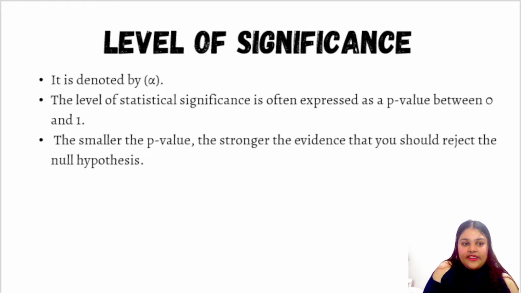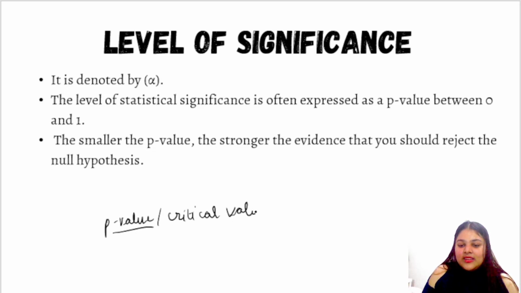Significance: yesterday while discussing hypothesis testing, we talked that we establish a particular level of significance, or a p-value or critical value, against which I will see if my study is correct or not.